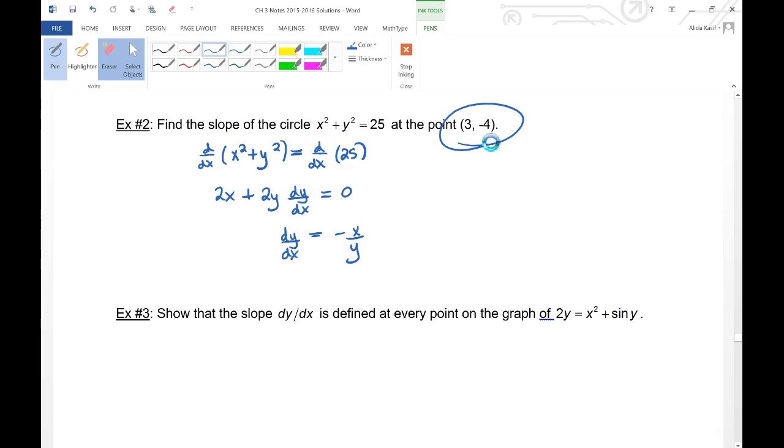So I want to evaluate at that point. And what do we get? So negative 3 over negative 4. Okay, so 3/4. Questions there? Okay, next one.